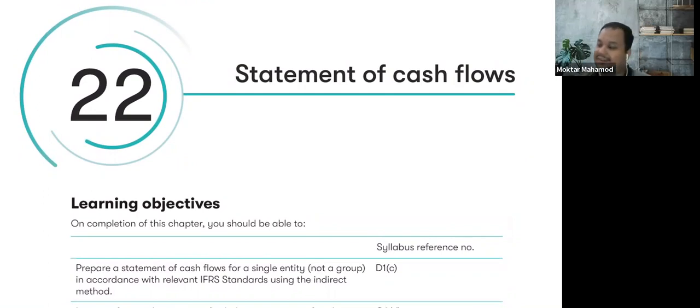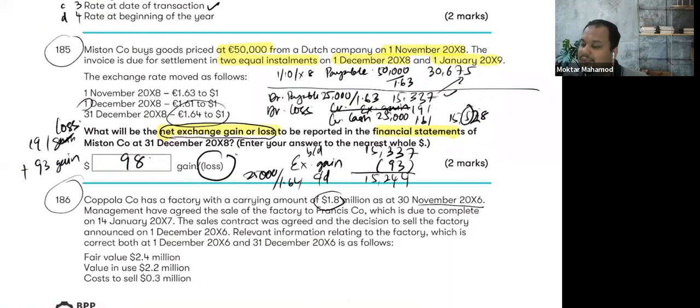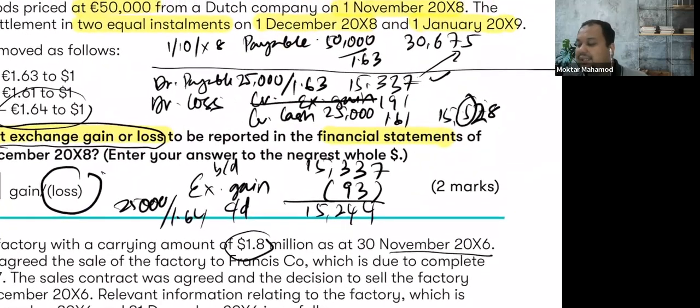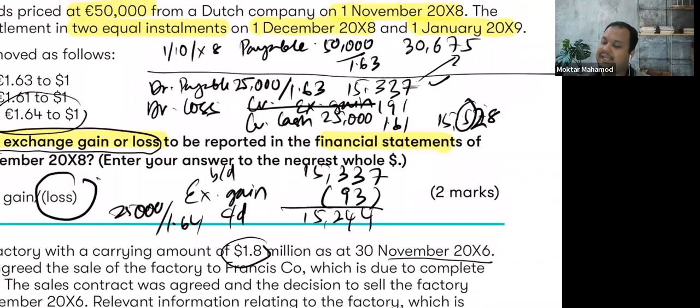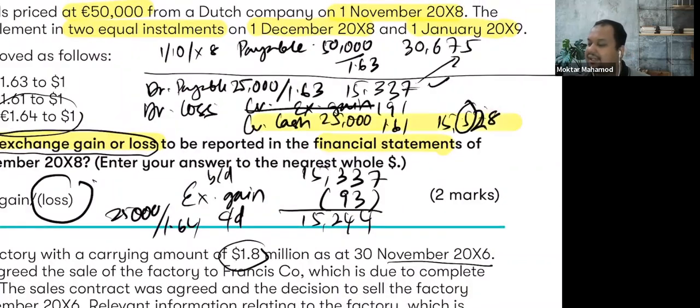For example, when you deal with the statement of cash flows later on and it comes to foreign exchange, there will be a cash item, which is the payment made by the company, 15,5 to 8. You may need to take this into consideration.